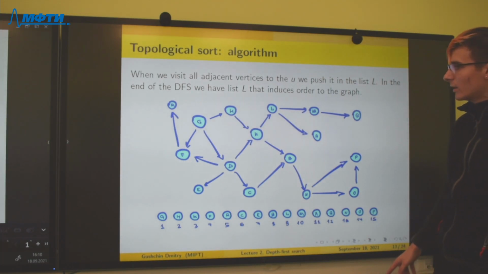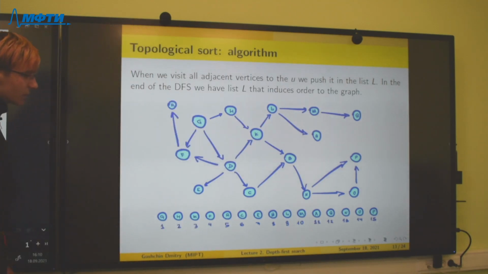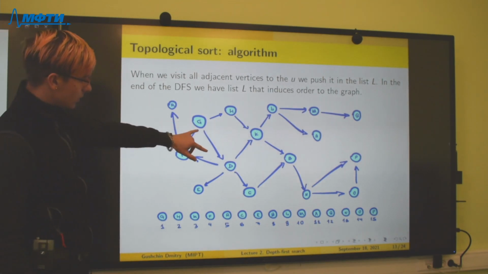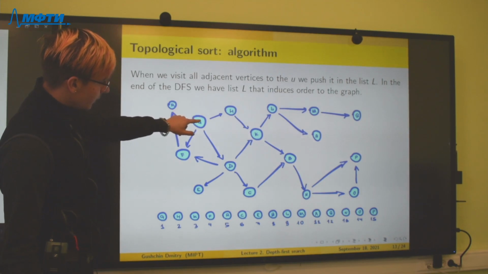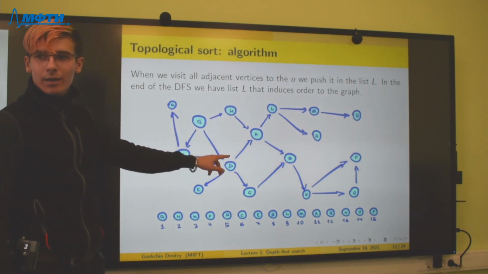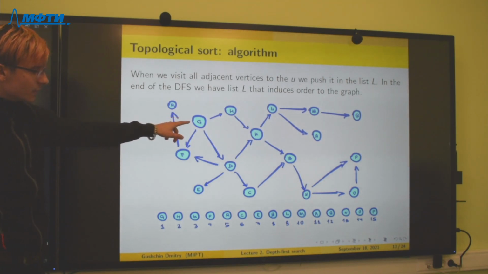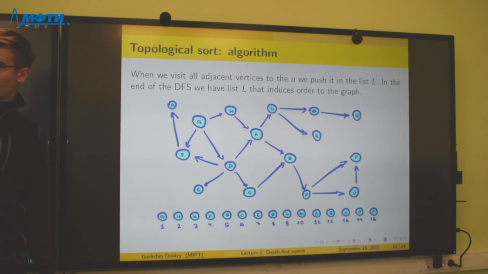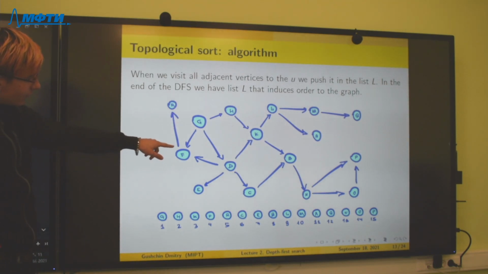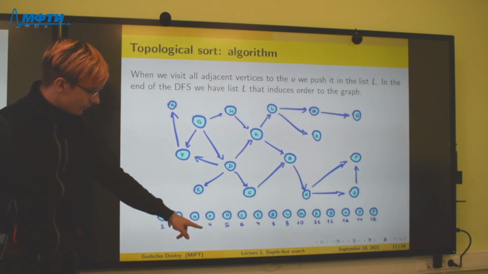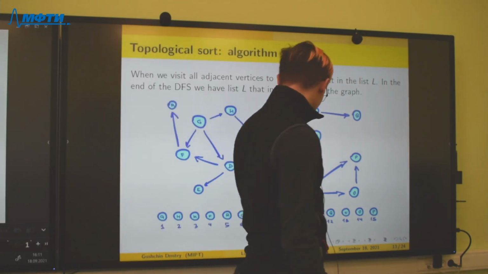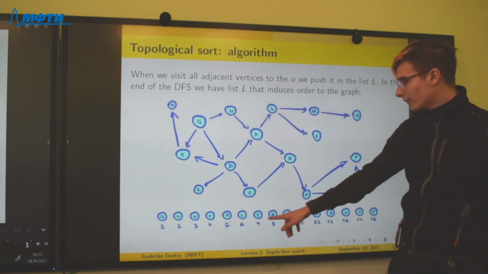And if you look at this figure, you can see that for any edge that starts in vertex V and ends in vertex U, the number of vertex V is smaller than the number of vertex U. For example, there is the edge F to R, and F has number 4, and R has number 5.